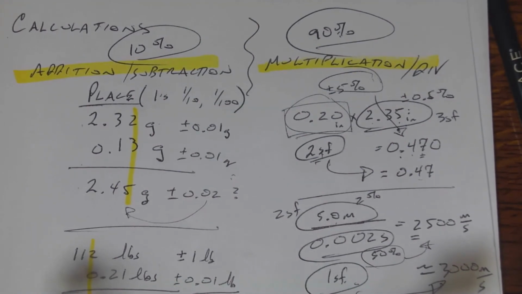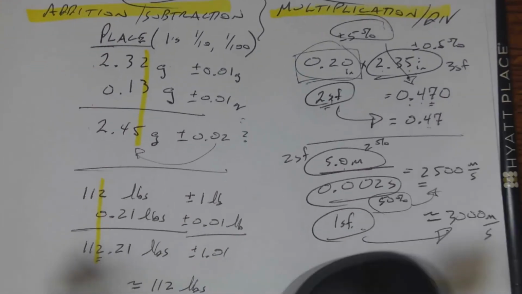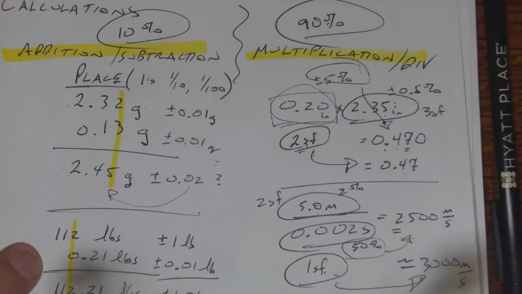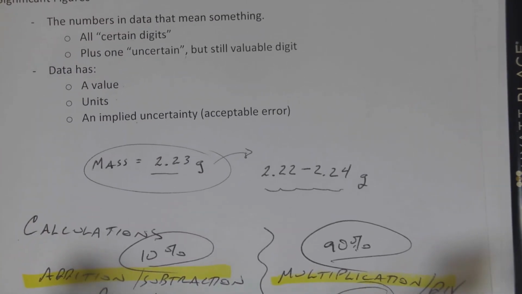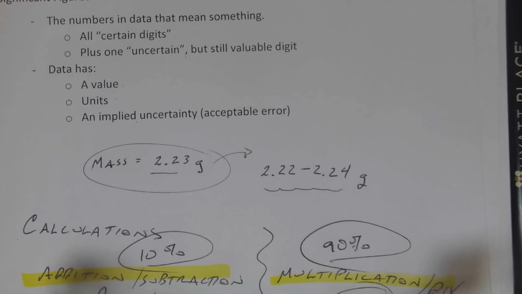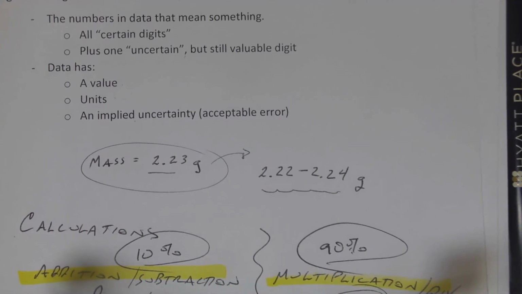Okay, hopefully that wasn't too sloppy and confusing, but there you have it. So SigFigs, it's a slightly lazy way of making sure that we've recognized the limits to how well we know things, but certainly it is not the end all.